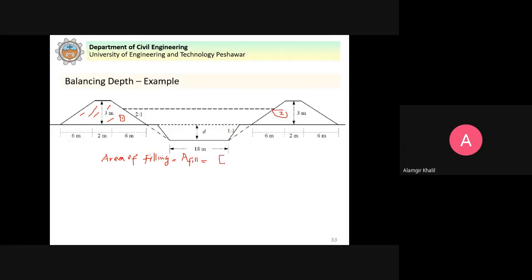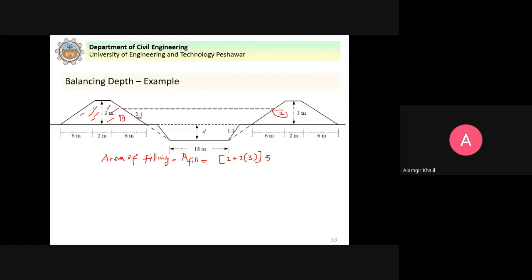So this will be equal to 2 plus, what is Z? Z is, you can see here, 2 ratio 1. So Z is 2, and then the depth is 3. So this is into 3, and this whole multiplied by the depth, which is 3. This is the area of this one trapezoid.